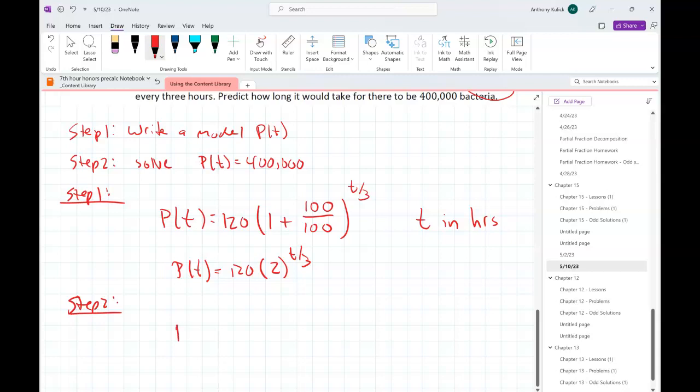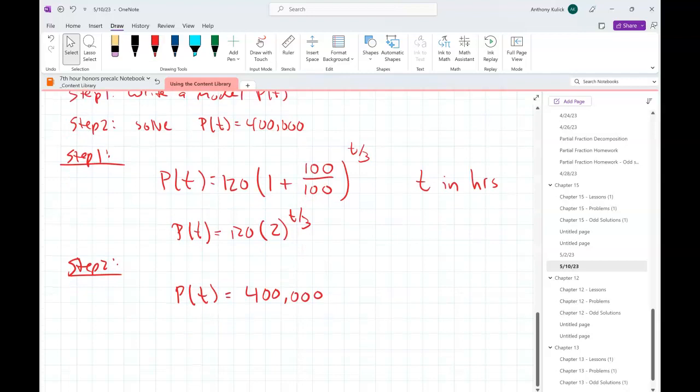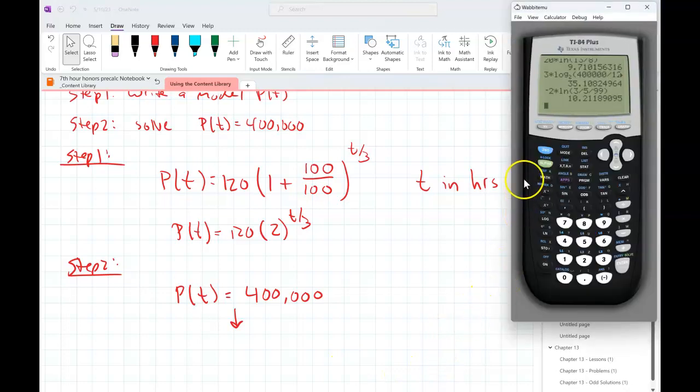In step 2, we're then going to solve this equation, right? And there's 2 ways we've talked about how to do this. Last time we just used the graphing calculator to graph these and find the intersection. Let's do that again here. But after we do that, we'll also show you what it looks like algebraically.